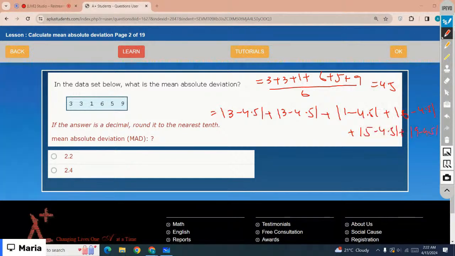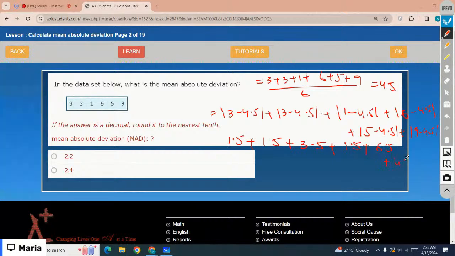Okay, let's add them. 3 minus 4.5 is negative 1.5, the absolute value is positive, again 1.5. 1 minus 4.5 is 3.5. 6 minus 4.5 is 1.5. 5 minus 4.5 is 0.5. And 9 minus 4.5 is 4.5.